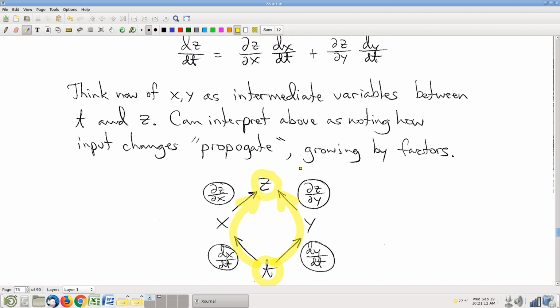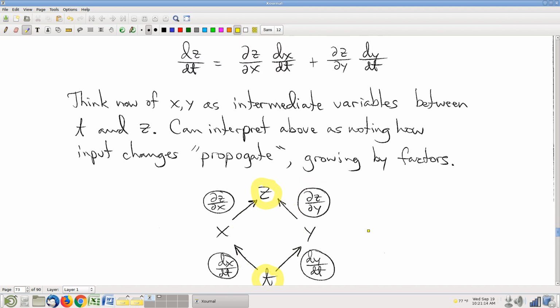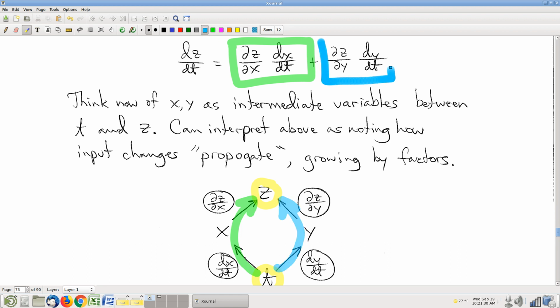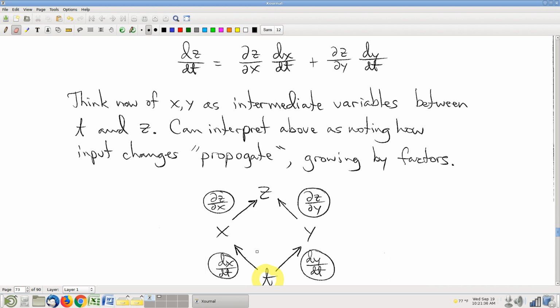And so, in particular, let me color code better. You can think of propagation of changes through x as giving you this term, and propagation of changes through y as giving you that term. And we broke down the details last time. All right, and that's where we left it.